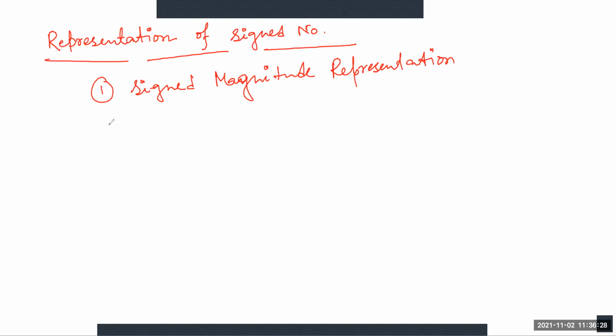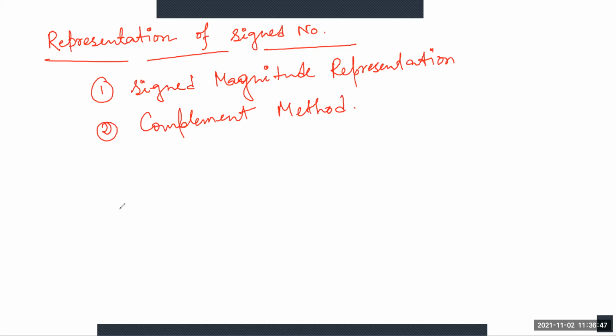And the second one is that complement method. Okay. So first, we will start with the sign magnitude representation.